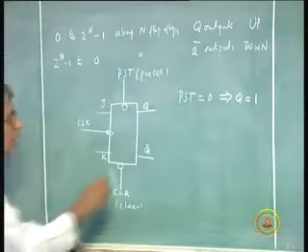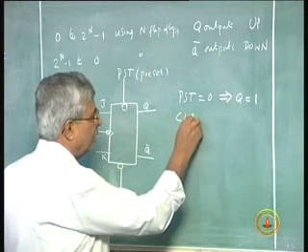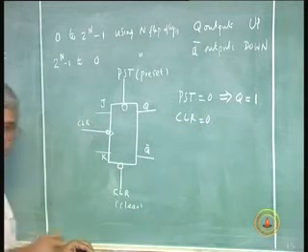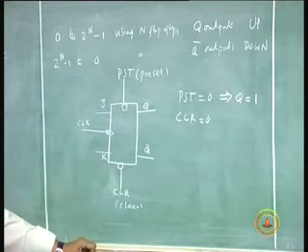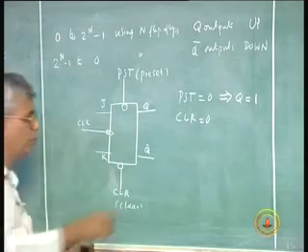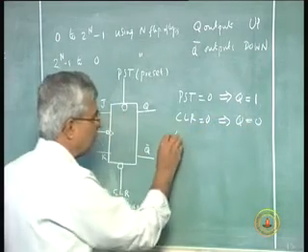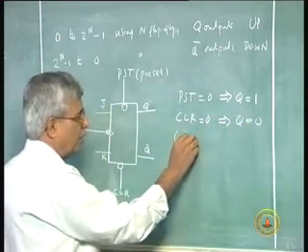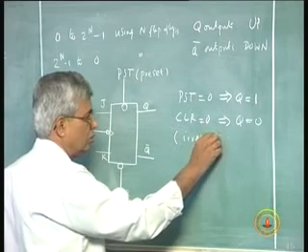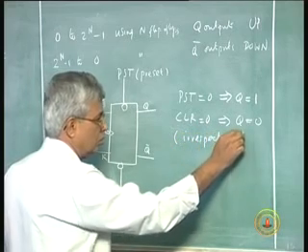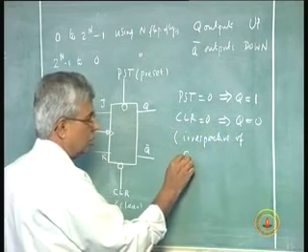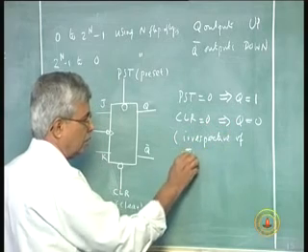Likewise, a clear input, as the name suggests, clears the output, means Q will become 0. These happen irrespective of j, k and clock.